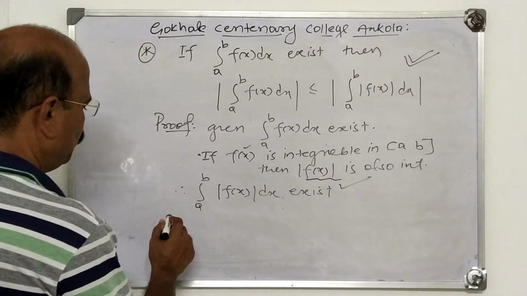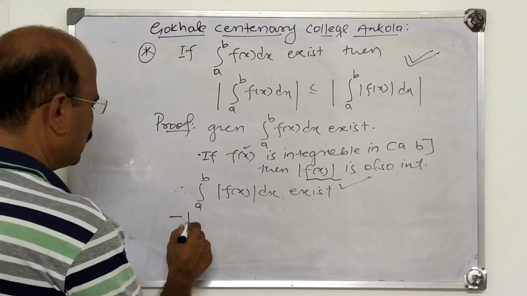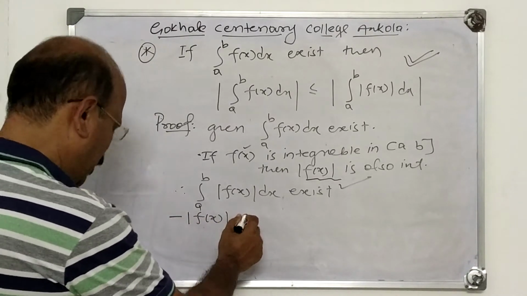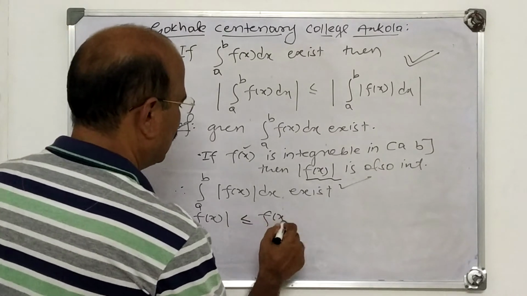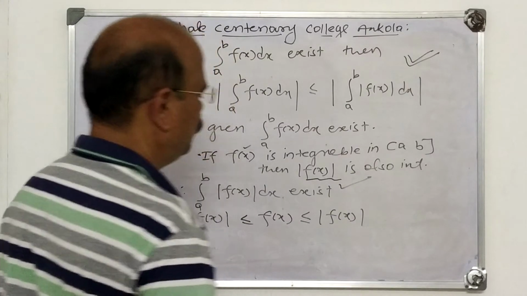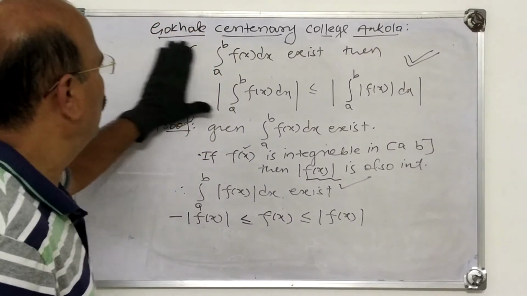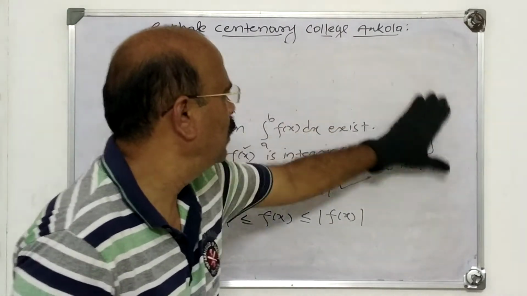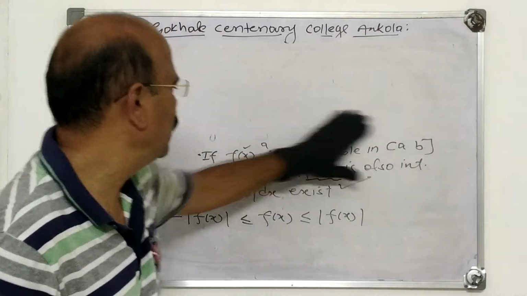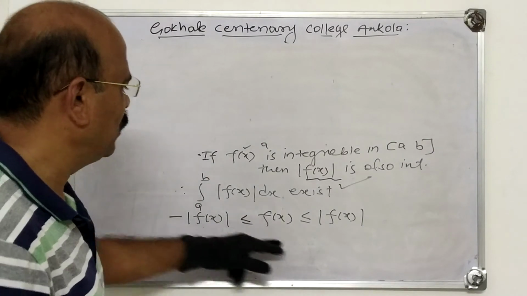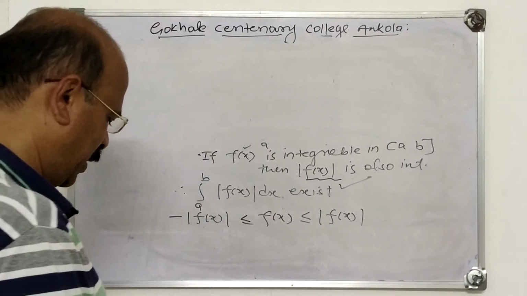Now we have -|f(x)| ≤ f(x) ≤ |f(x)|. Straight away we can write this: -|f(x)| ≤ f(x) ≤ |f(x)|.